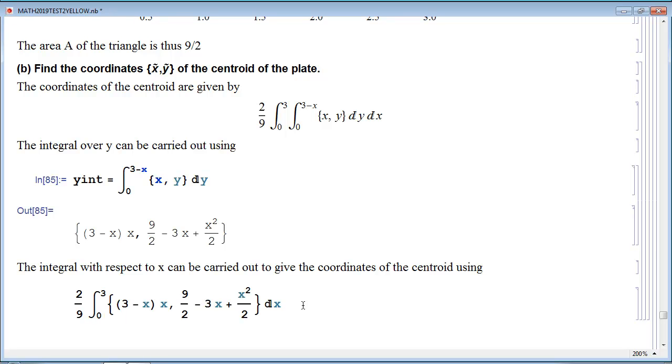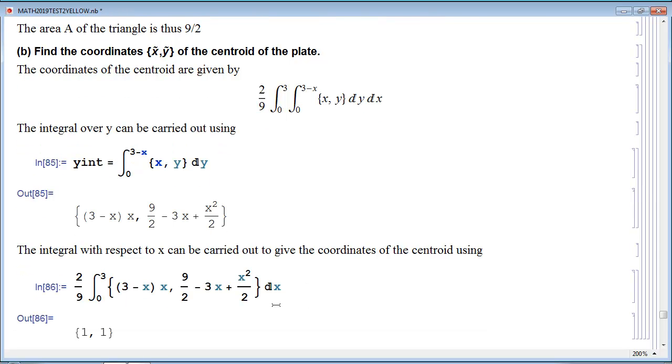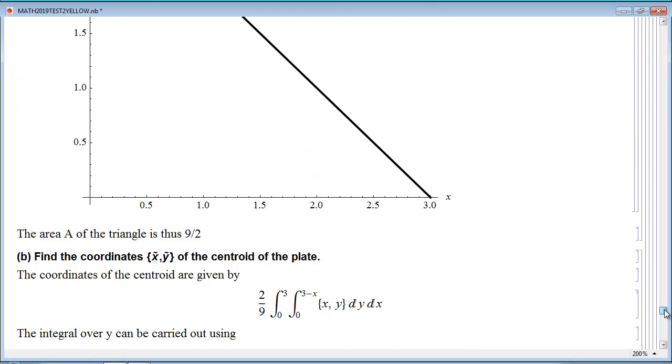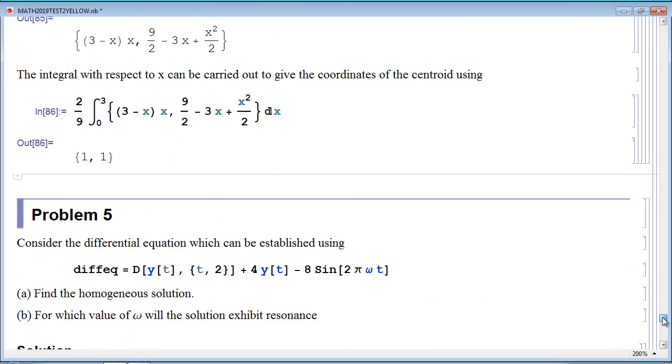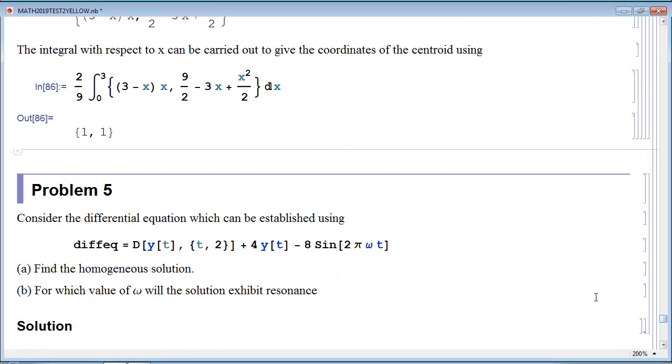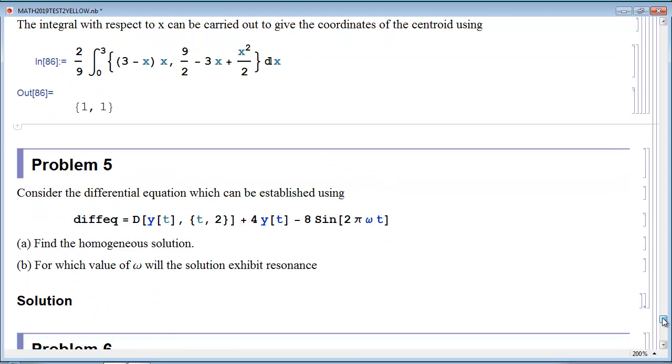And there we go. That says that the coordinates of the centroid is the point (1, 1), and you can see from the figure that those two coordinates must be equal simply by the symmetry of the problem. So let's continue and finish.